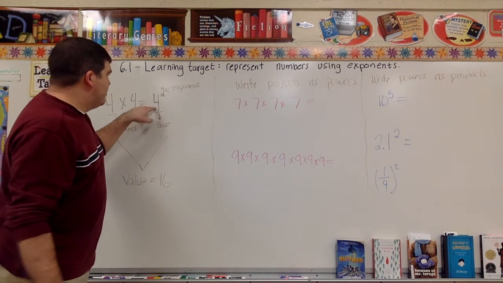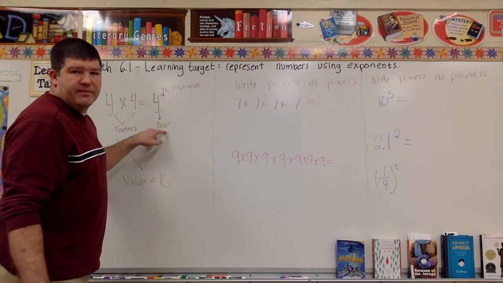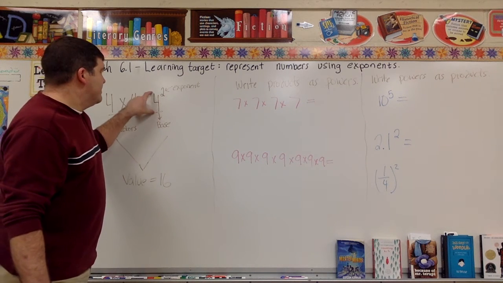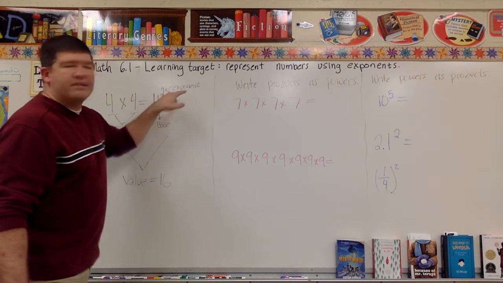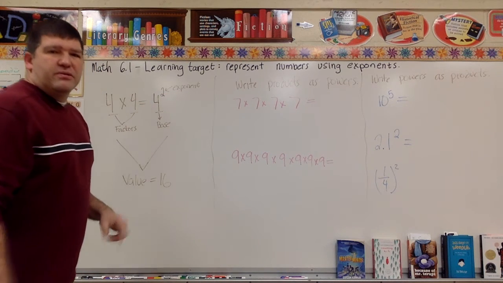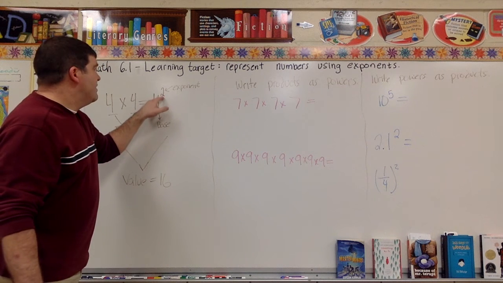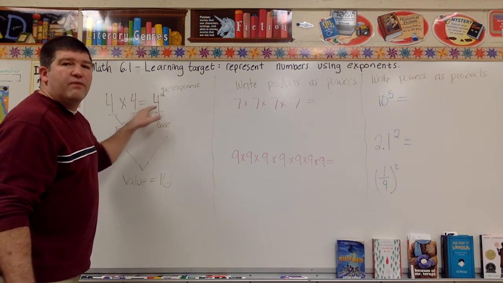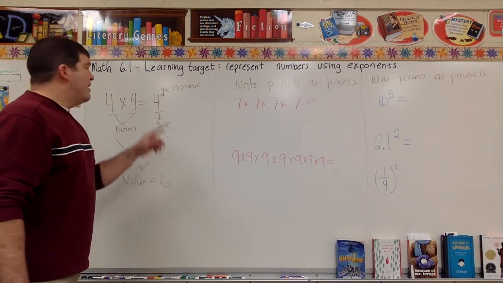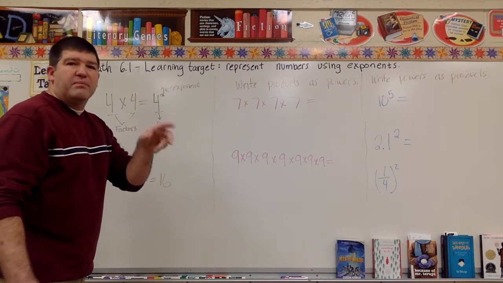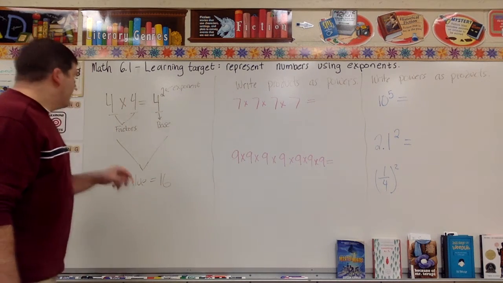Now in here, 4 is your base. Okay? 4 is your base. 2 is your exponent. So when you have 4 to the second, you say, okay, I got a base of 4, exponent 2, it's 4 times 4. I need two 4s that I multiply together. Okay?